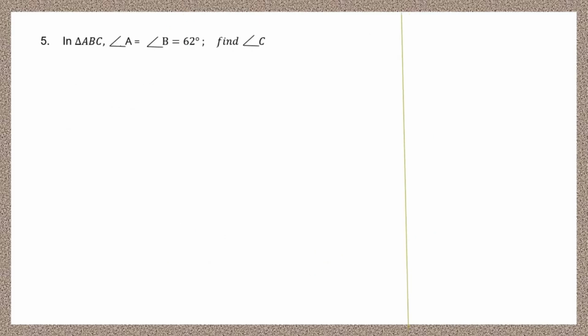Question 5. In triangle ABC, angle A is equal to angle B is equal to 62. So angle B is 62 and angle A is equal to angle B. That means A is also 62. Now we have to find angle C based on this property that the sum of these angles is always 180.